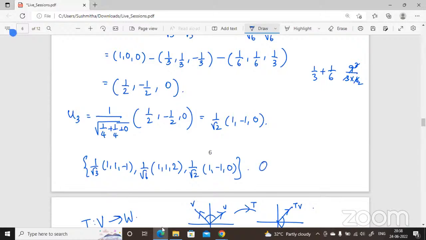Yes, this is an orthonormal basis. So you can just quickly check whether they are mutually orthogonal, and already we have divided by their norms, so that's fine.